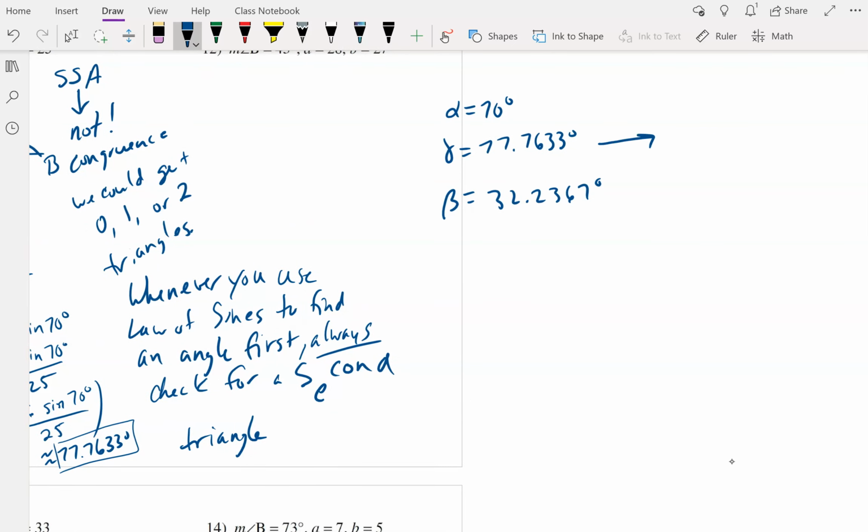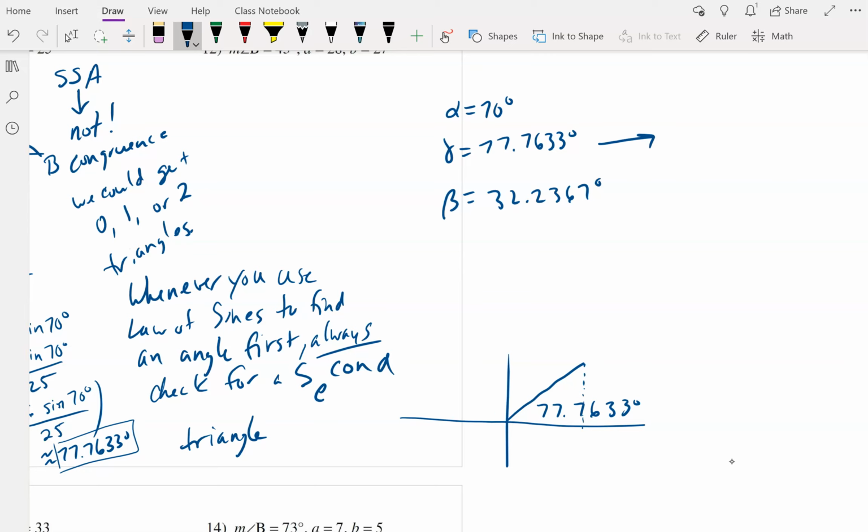This comes from remembering what the sine function does, stuff that you actually did for solving trig equations. I know that over here in quadrant 1, if I do 77.7633 degrees, my reference triangle with this opposite side would help me find my sine value. But there's also a quadrant 2 angle that would have the same sine value.